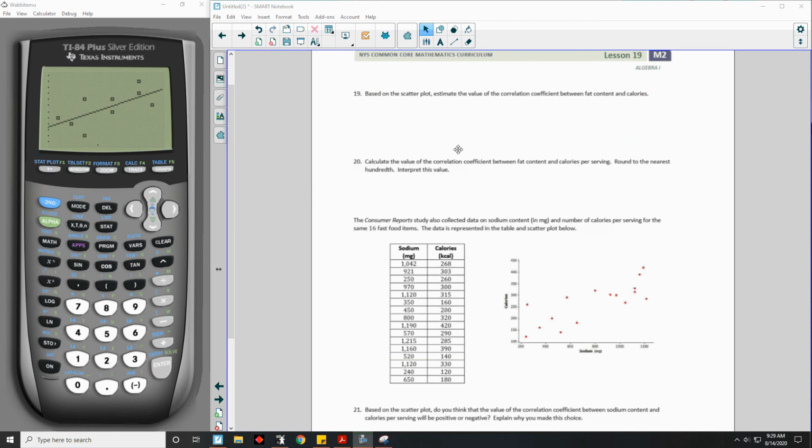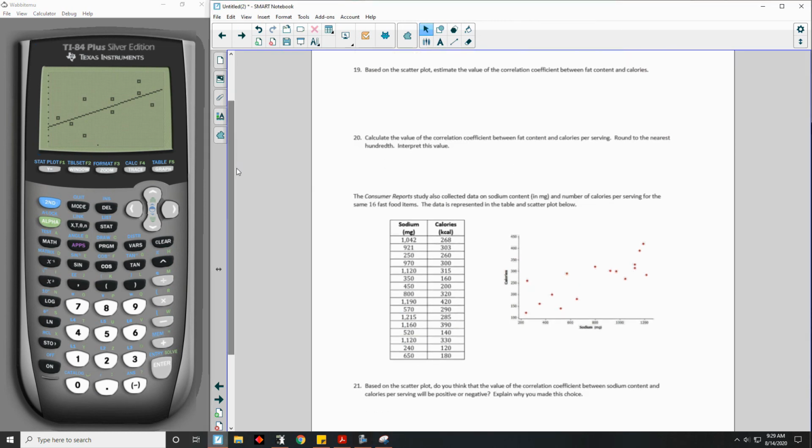Okay, page 11 brings us to number 19. Based on the scatter plot, estimate the value of the correlation coefficient between fat content and calories. I am not going to tell you what I would estimate because everybody sees things a little differently and interprets things different ways. So we would need a range of answers here based on someone's argument.